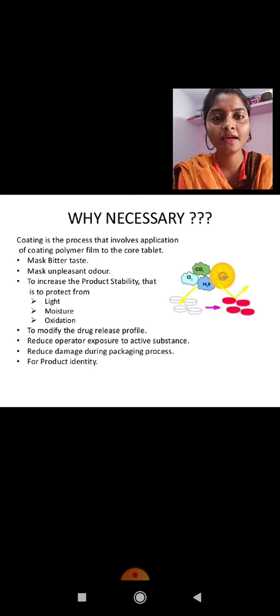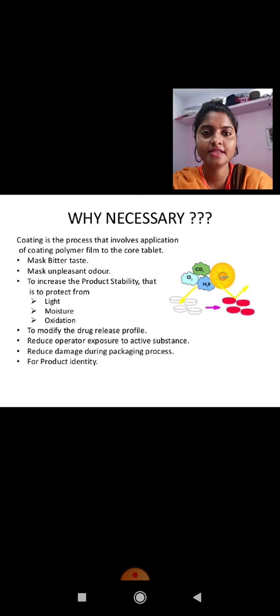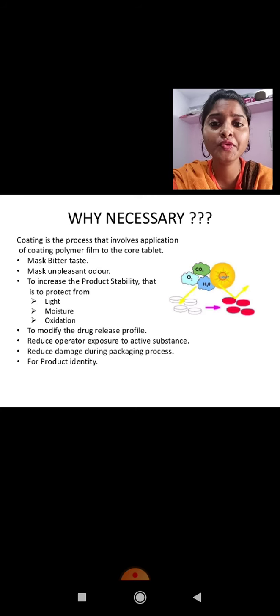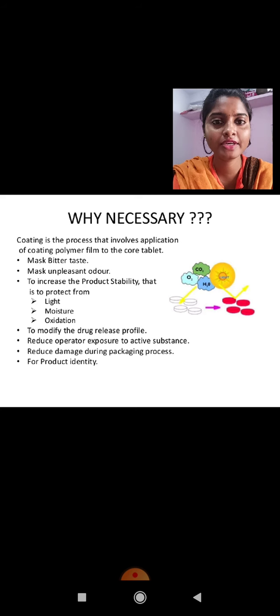Why is coating necessary for a tablet? The requirements are, first, to mask the bitter taste. If the tablet has a bitter taste, we generally apply a sugar coating, so we mask the bitter taste.